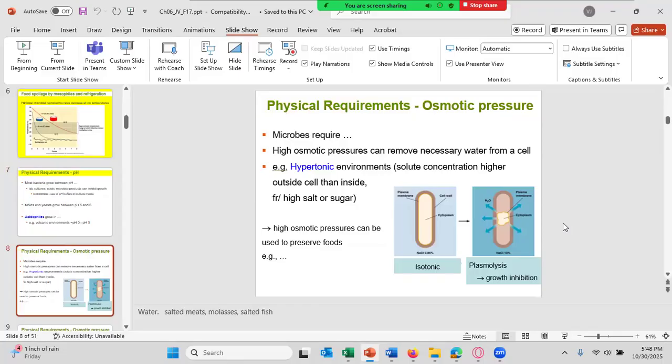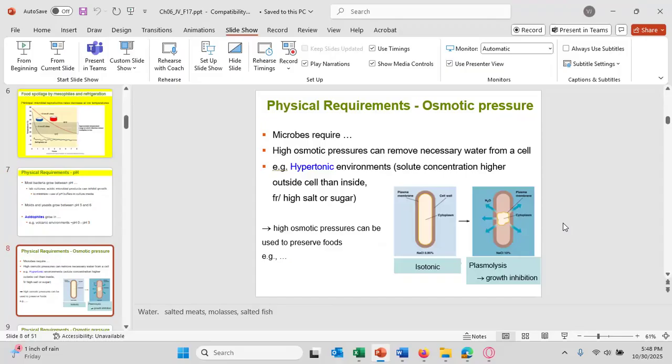Another physical requirement that organisms have is osmotic pressure. Microbes do require a certain amount of water in order to be metabolically active. If you have too much salt or other osmotic pressure around them, the water will leave the cell, and that will stop the cell's metabolism if it does not kill the cell directly.